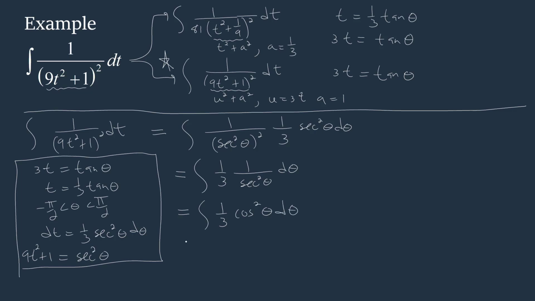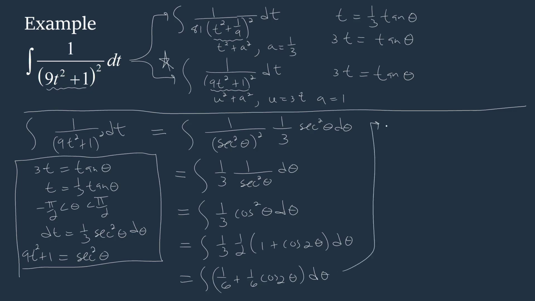And we know how to integrate that. We replace the cosine squared with a 1/2, 1 plus the cosine of 2 theta d theta. And that would be the integration of 1/6 plus 1/6 cosine of 2 theta d theta.